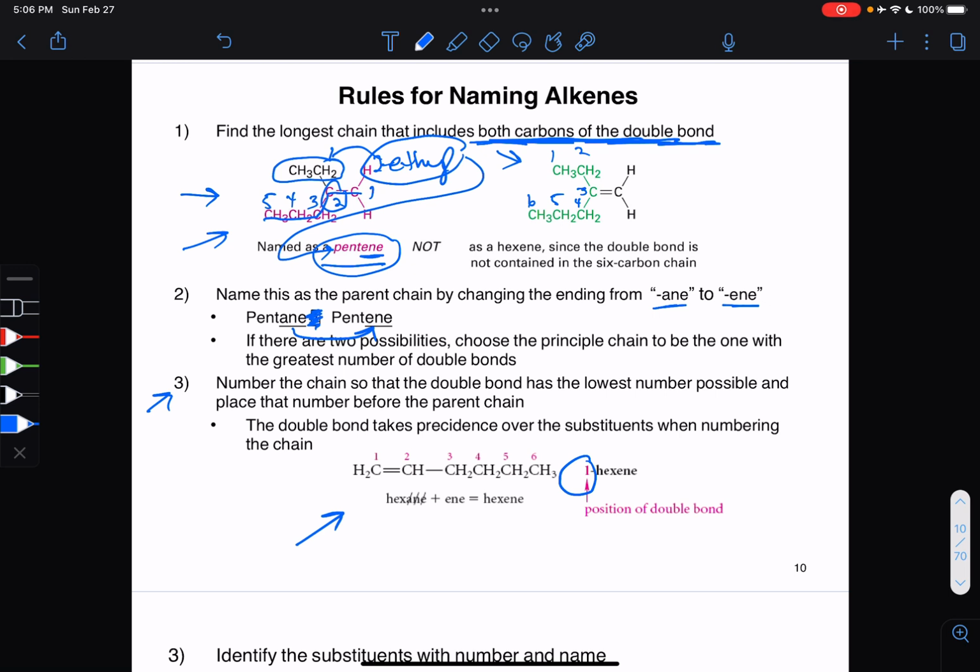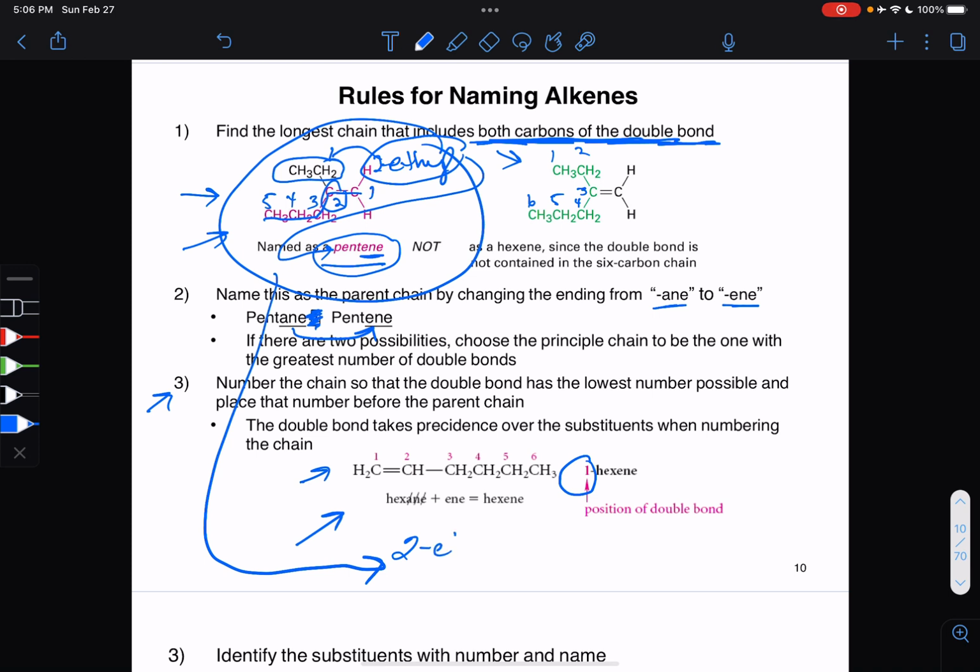Now using this rule right here, let's go ahead and put the name for this one all together and we'll put it down here. So that would make it 2-ethyl and then what? And then hyphen 1-pentene.